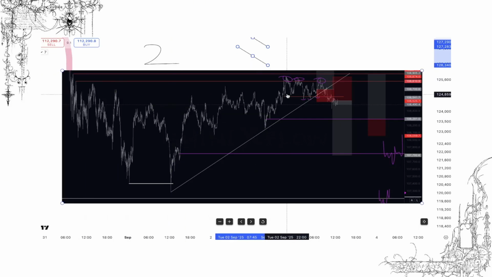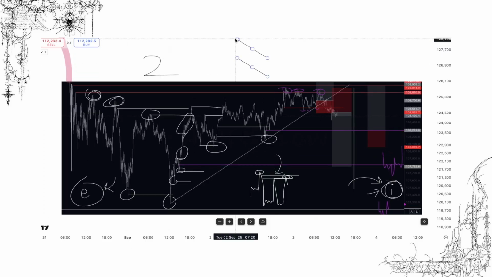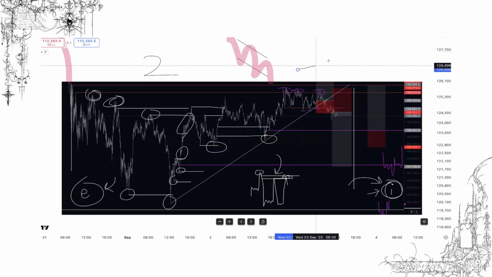So even if price goes all the way up to this point, it's still going to be in a structural formation like this, right? But internally we aren't moving like this. Internally we are moving a bit higher. Let me delete this.